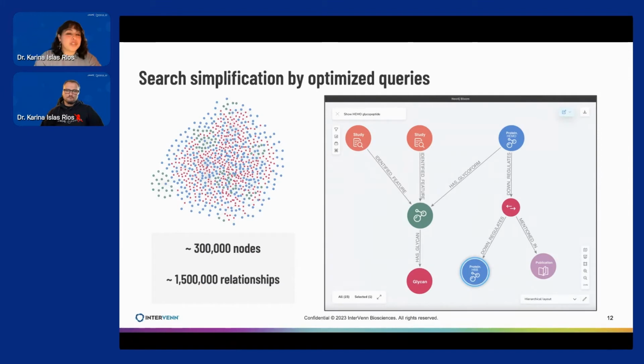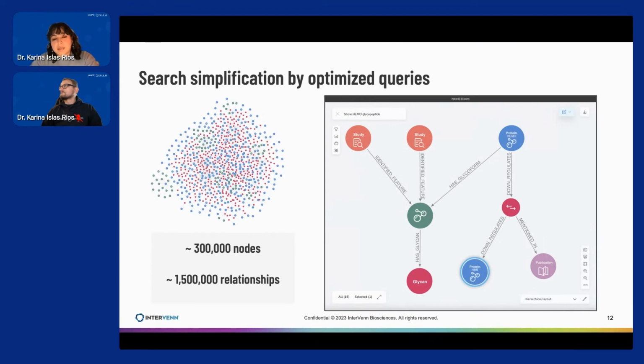Well, I will show you just some examples. Imagine that you have a protein, HEMO, which is the abbreviation for this protein, and what is on the screen is Bloom. Some of you might have heard that Neo4j offers Bloom and also offers the browser.